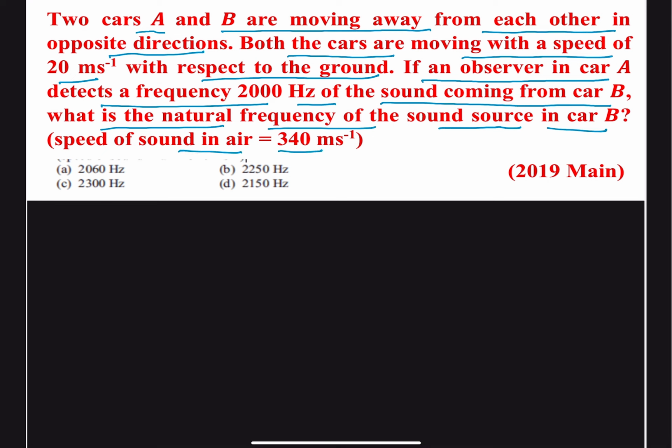So in this case, we have both the source as well as the observer moving away from each other. So you can say if this is car A and this is our car B, car B is our source and car A is our observer.